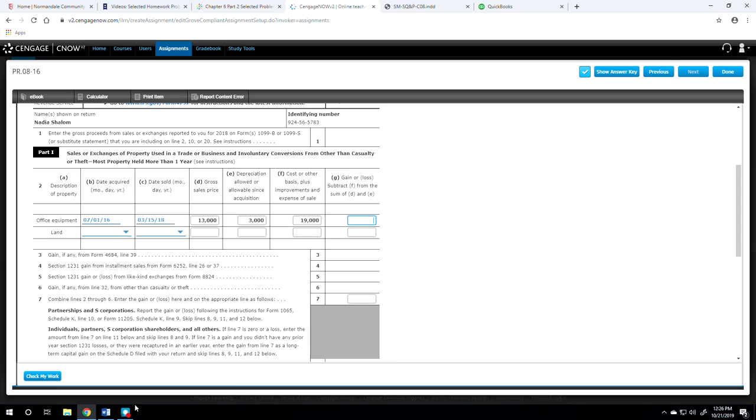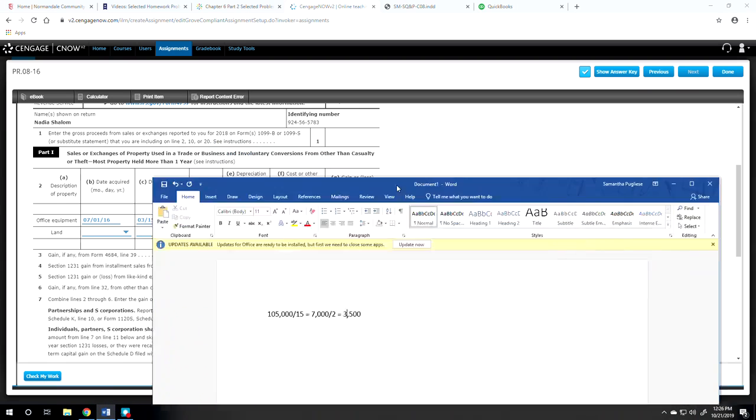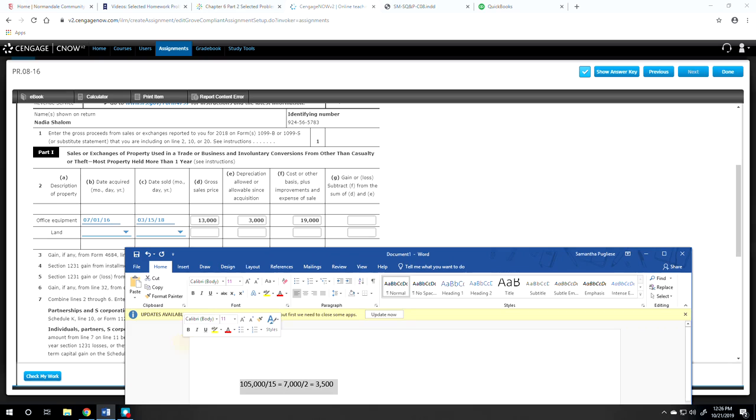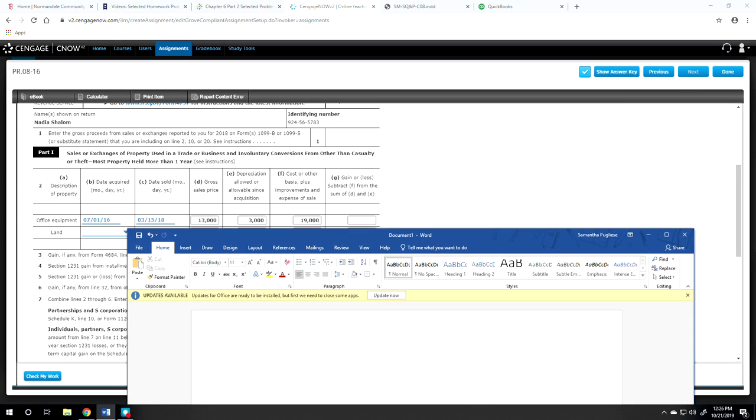You know what? I should do this here. So we should all remember how to calculate book value because we did it in financial accounting. Cost minus depreciation equals the book value.